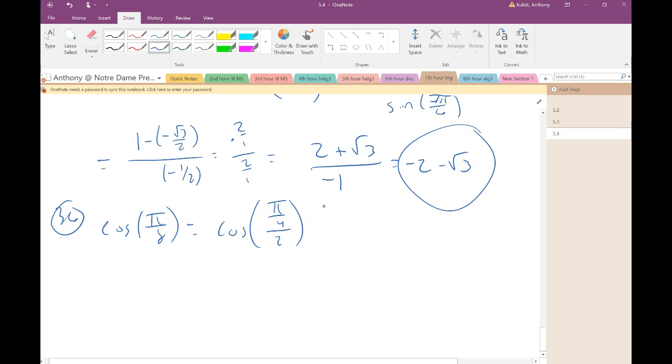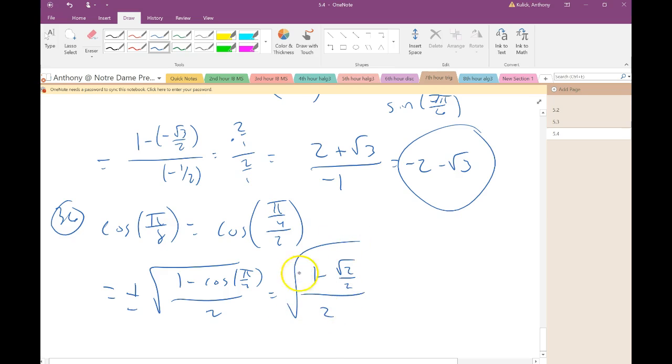And so we apply our cosine formula, plus or minus the square root of 1 minus cosine pi over 4 over 2. Cosine of pi over 4 is root 2 over 2. Multiply by the square root of 2 over 1.